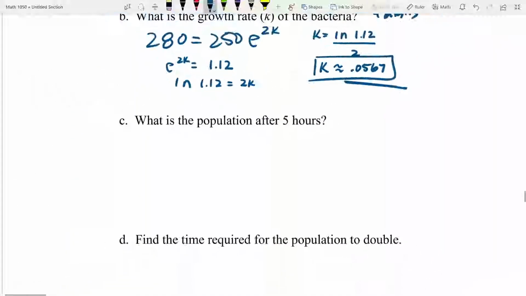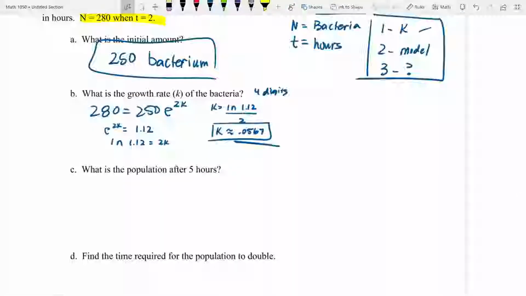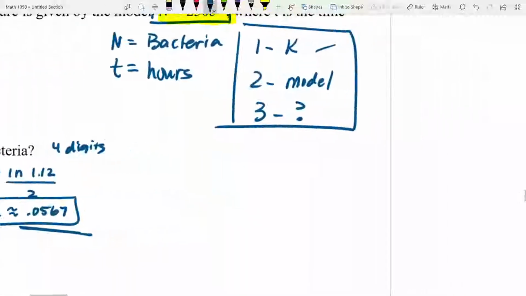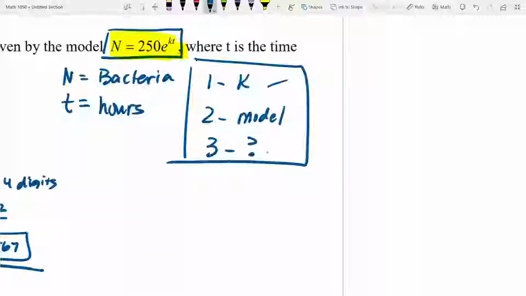Okay. Step 2 is to find the model. This is my model right here. Actually, on step 2, write this down: A equals Pe to the rt, or it could be Ce to the kt. It all means the same thing.